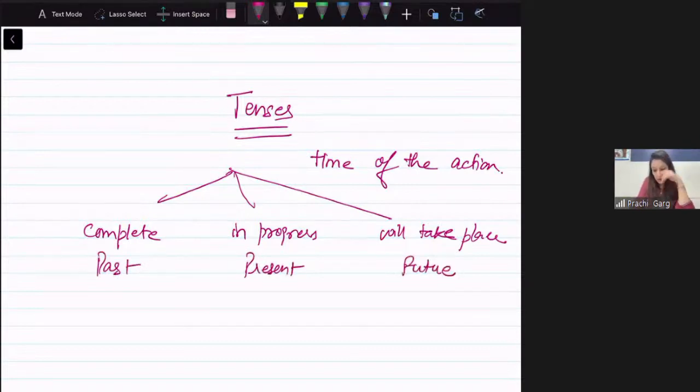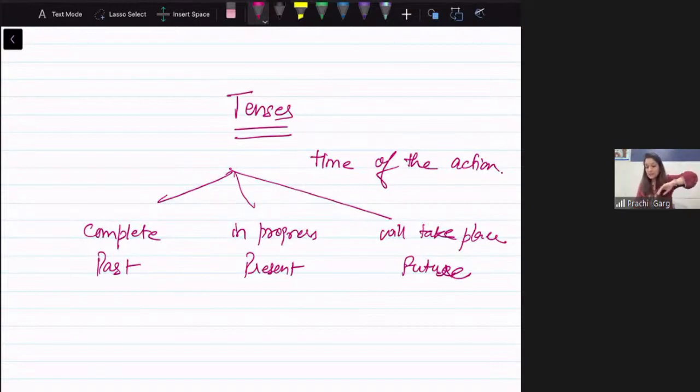So we are talking about three time frames, the three categories which tell us about the time of the action. Of course, the past tells you about the things that have already happened. It could be earlier in the day, something that happened yesterday, last week, last year, five years ago. So past covers everything.